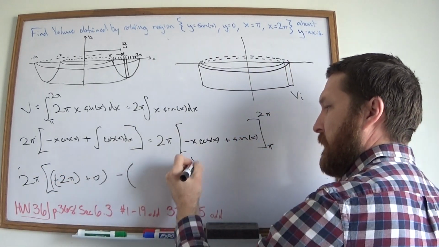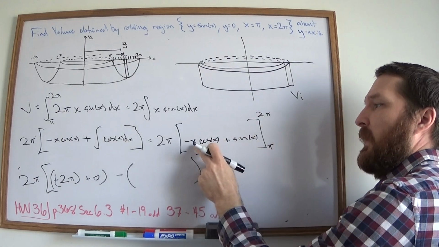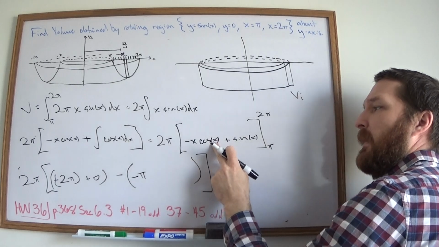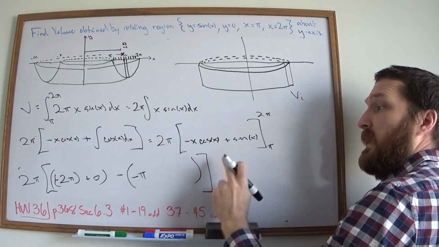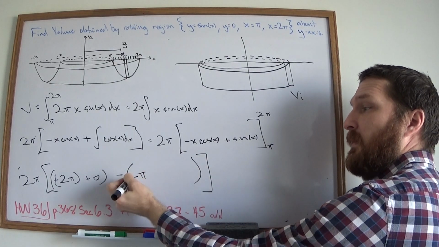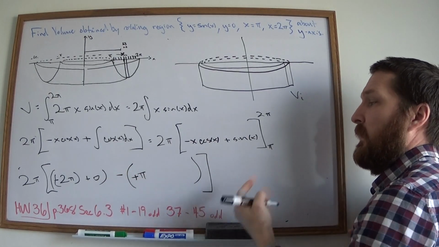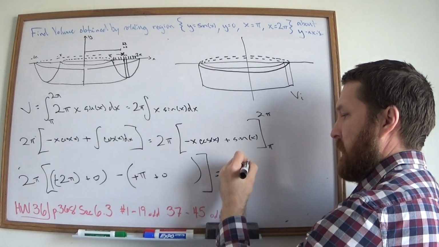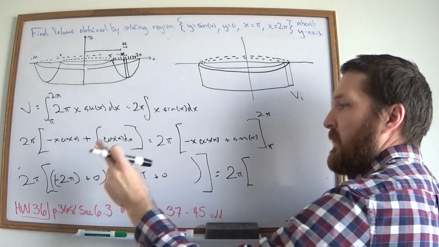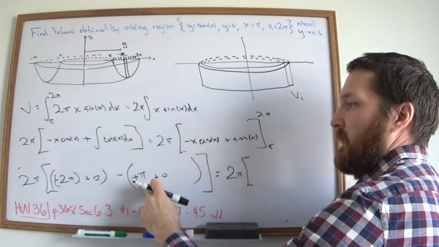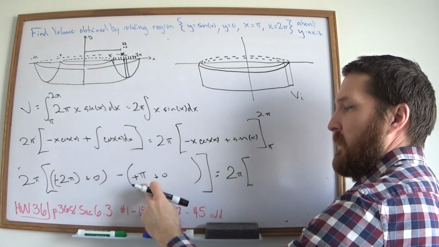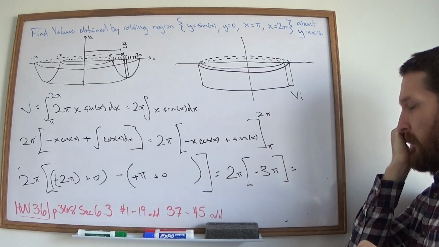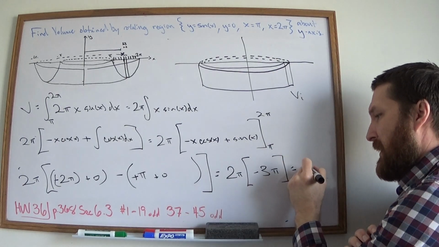Minus: plugging in a pi here gives me negative pi times cosine of pi, which is negative 1, so it's negative negative, positive, plus 0. So on the inside we have negative 2 pi minus pi, negative 3 pi, and we get 6 pi.